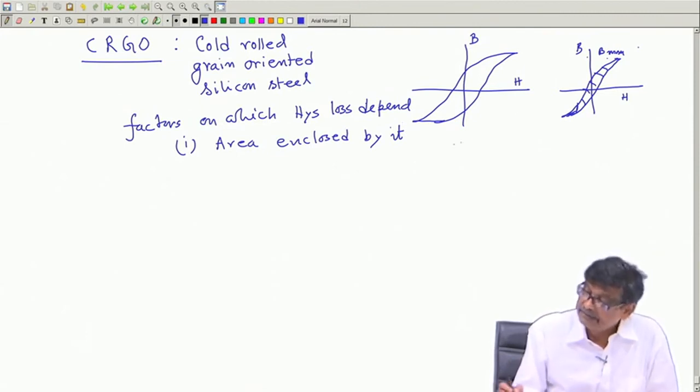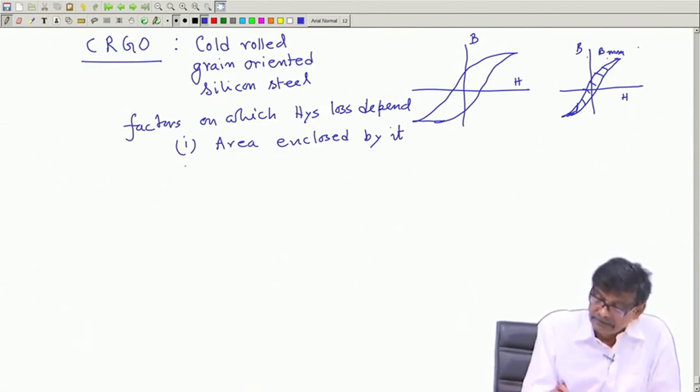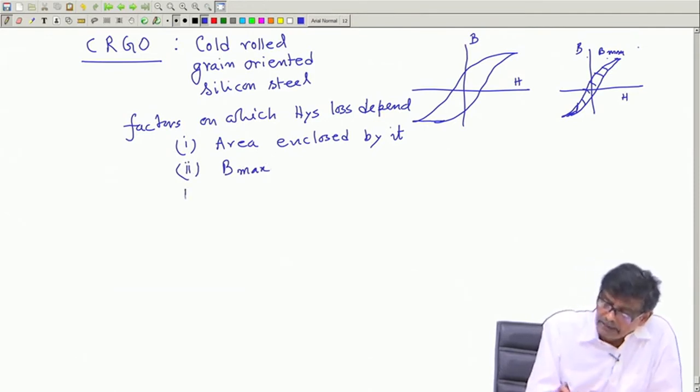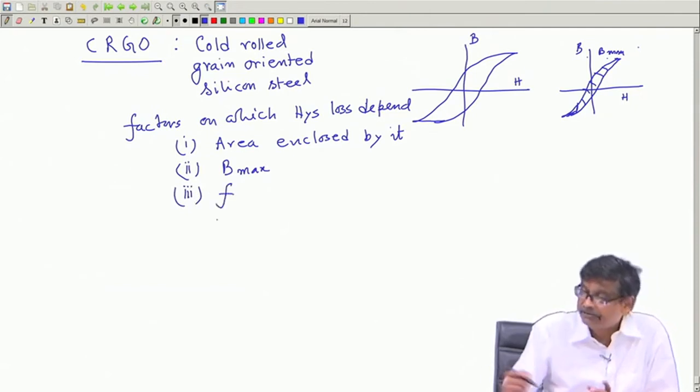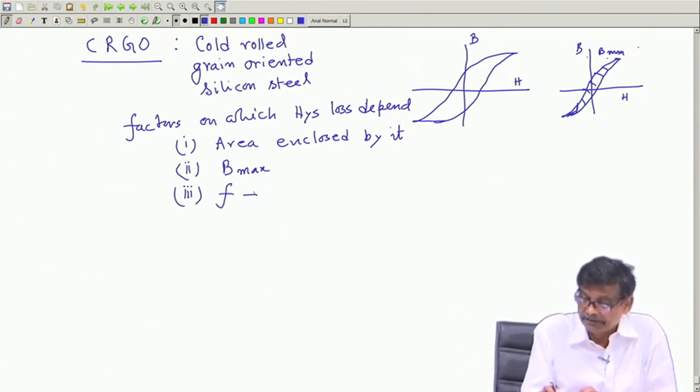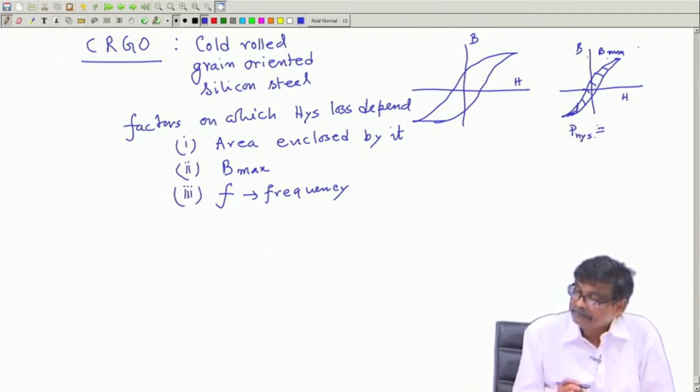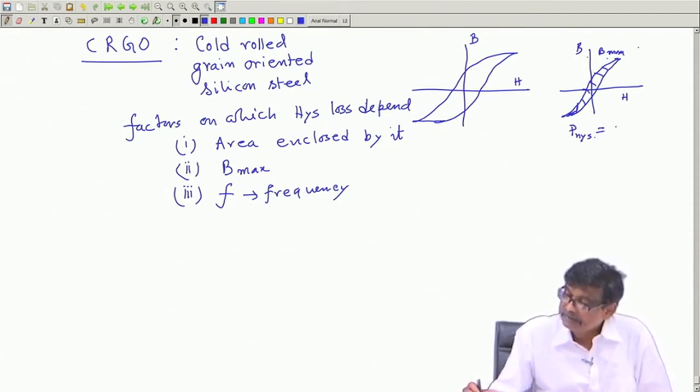Then the second thing is that it should depend on Bmax, and also it should depend on the frequency of supply at which these reversals take place, because this area gives you hysteresis loss per cycle.